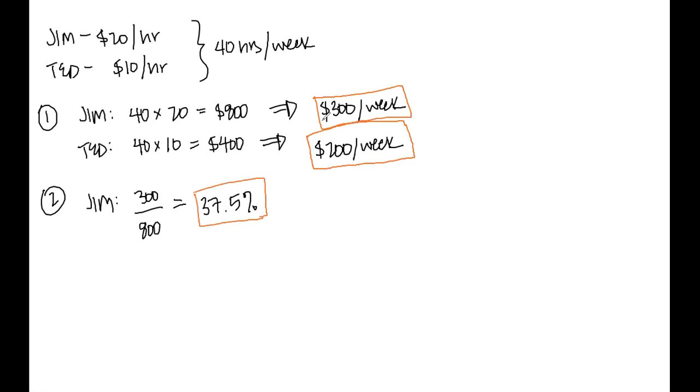Now you can do the same exact thing for Ted. So he's being compensated $200, and he was originally making $400 a week. So we can see that he's being compensated 50%.